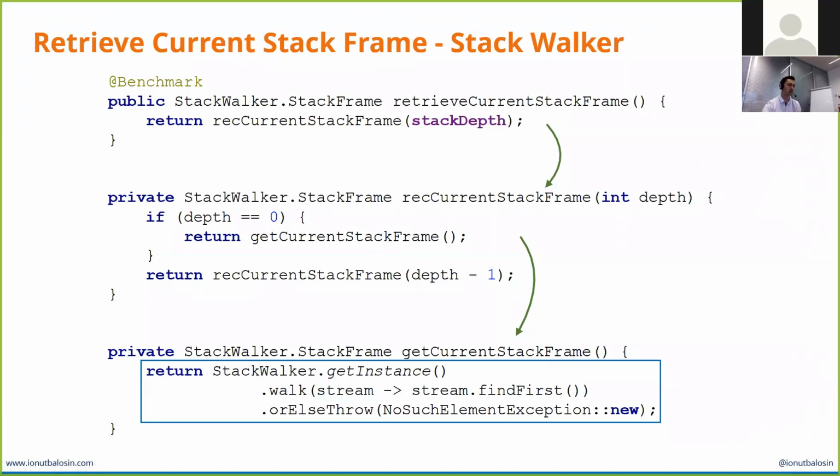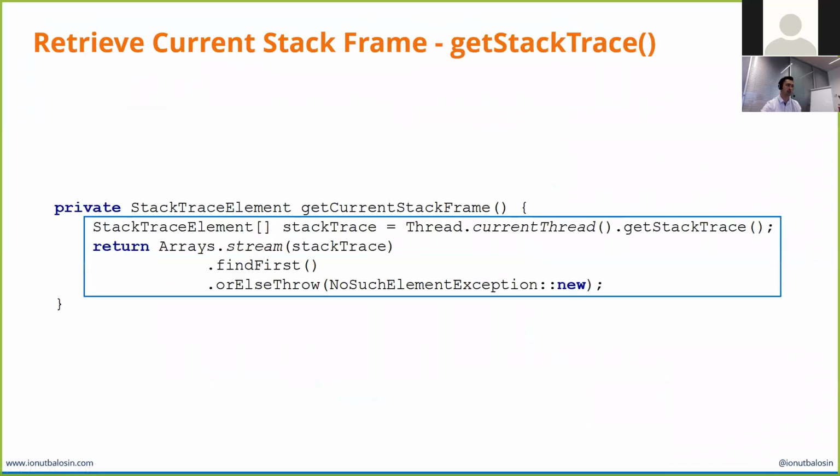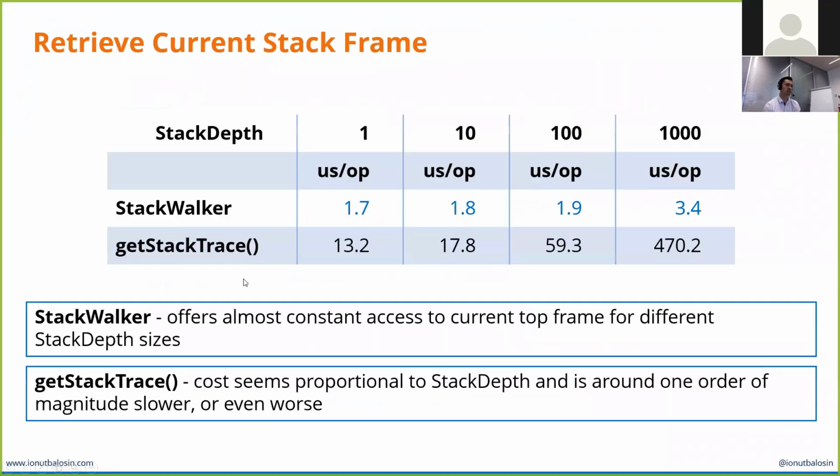In comparison with the classical approach, where I get the entire stack trace array, generate a stream out of it, and say, give me the first one. And here, as you can see, there is a very, very big discrepancy in performance between the StackWalker API and getStackTrace.